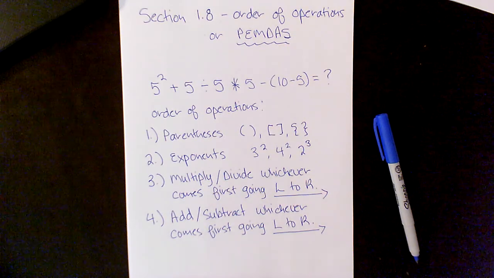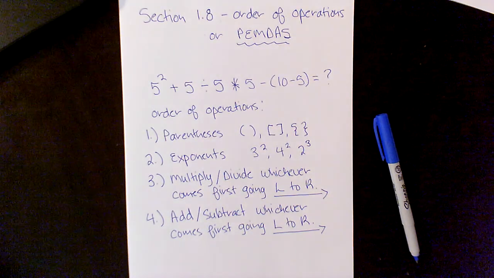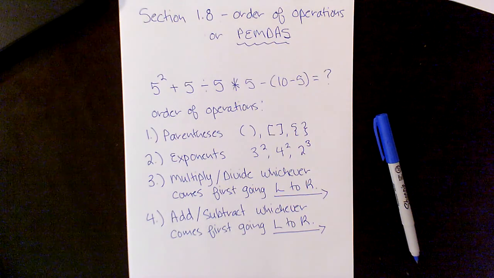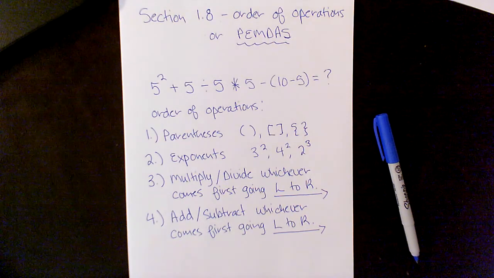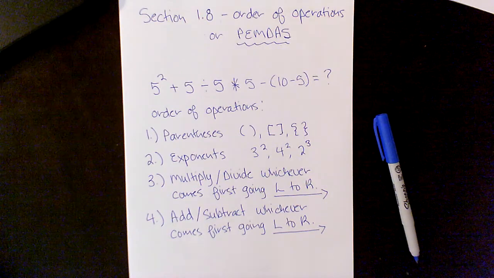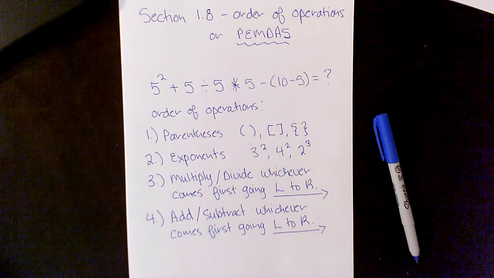So there's your order of operations: parentheses, exponents, multiply, divide, add, subtract. The last two, whatever comes first as you're looking at the problem going left to right. That's what we're going to do for 3 and 4.